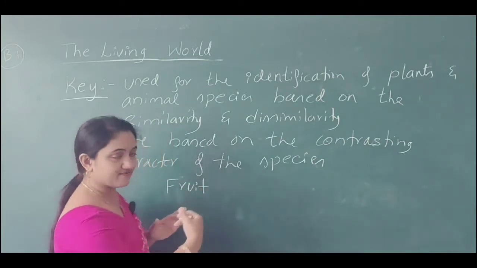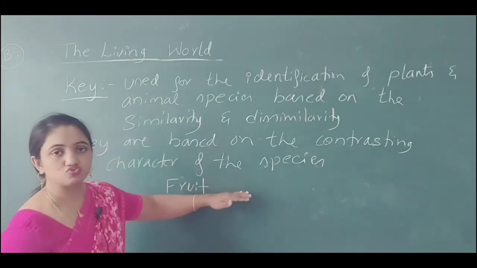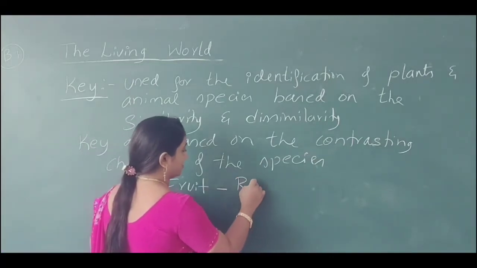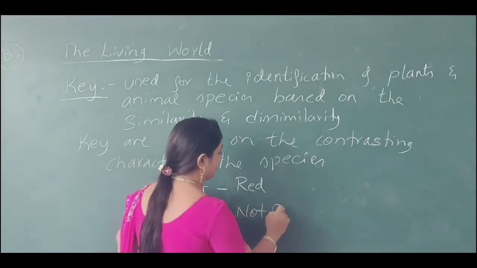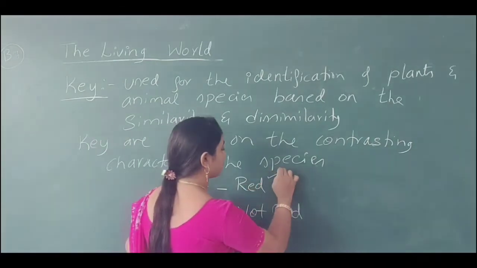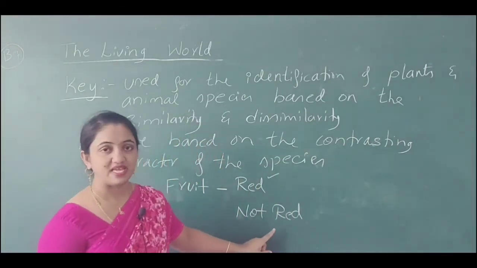Based on those features, you write two statements. Just look at this. Either it is a red fruit or not red. If it is a red fruit, you will go with this contrasting character and the other statement will be rejected.